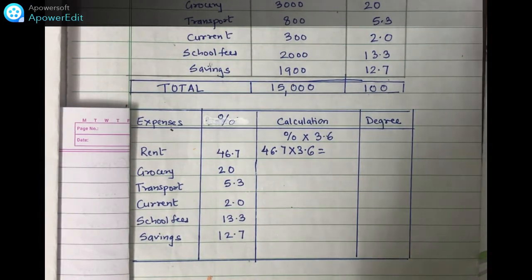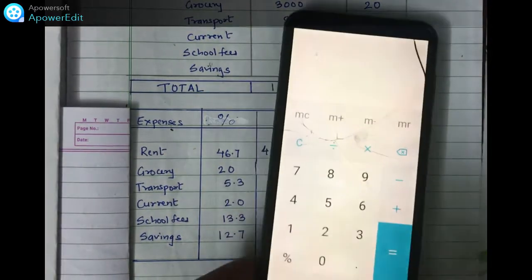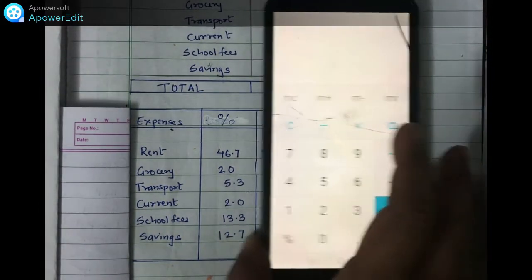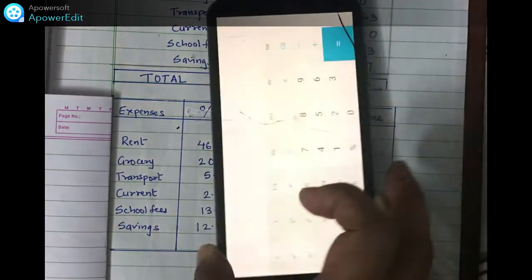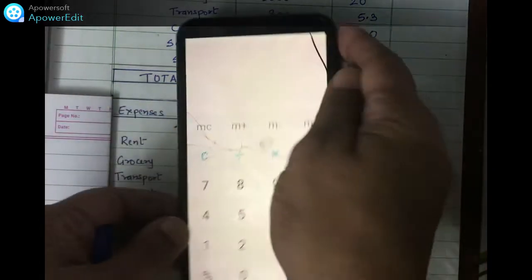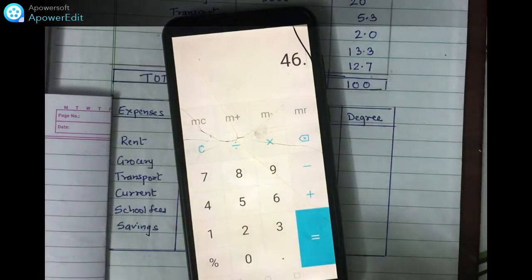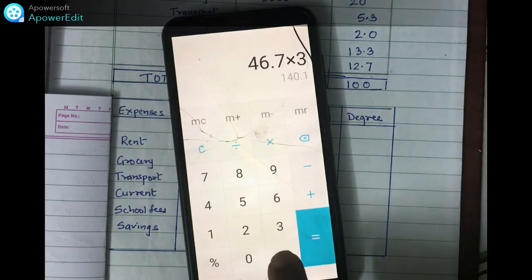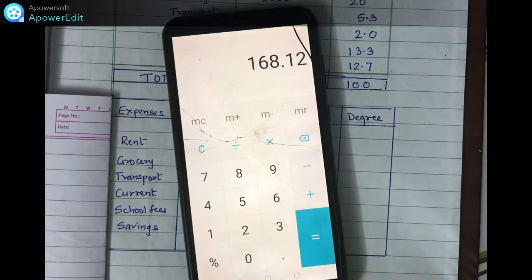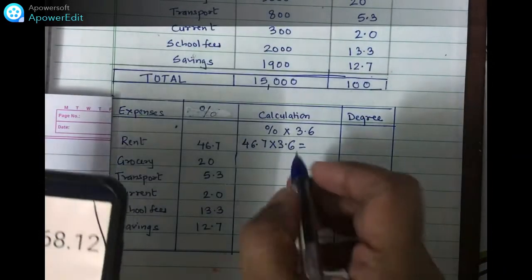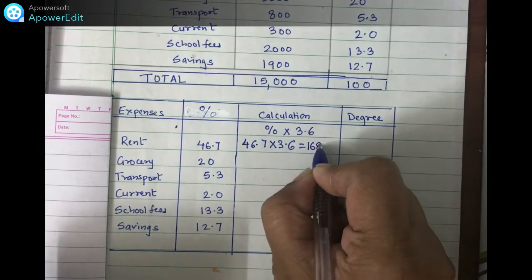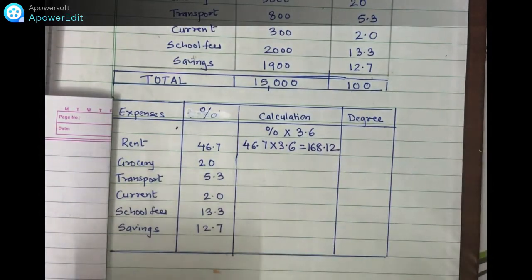So on the calculator you can see that, as I told you, the value is 46.7 into 3.6, and that will be your degree that you will have to draw. So it is 168.12. I'll write 168.12 as the degree over here.